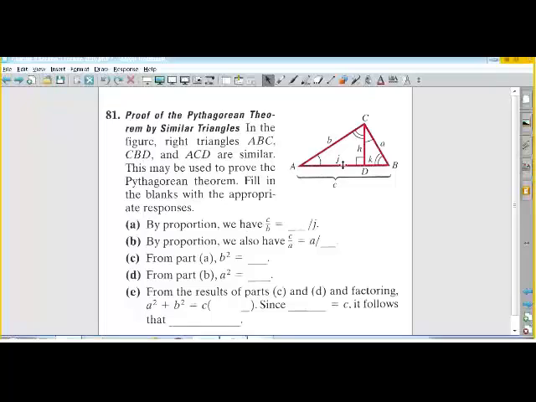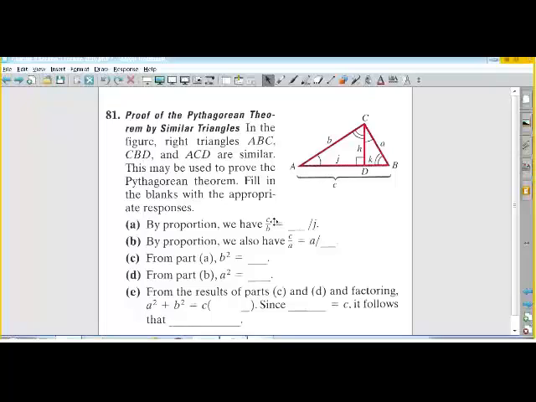on corresponding sides. So it says by proportion we have the length C, which is the hypotenuse of the biggest triangle, to B, which is the longer of the two legs, is equal to something divided by J. So J is this length. Because we're comparing B with J, here this is the longer leg of this triangle.